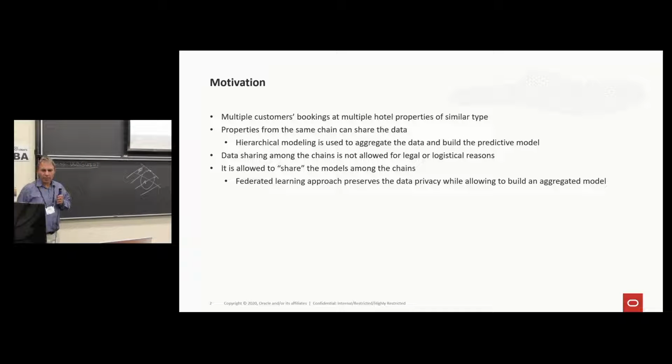So we're coming with two solutions. When we want to aggregate the data and we're allowed to share the data, we use a model called hierarchical modeling using a Bayesian approach. And when we want to combine the data from different properties, we use federated learning, which allows for sharing the models rather than sharing the data.